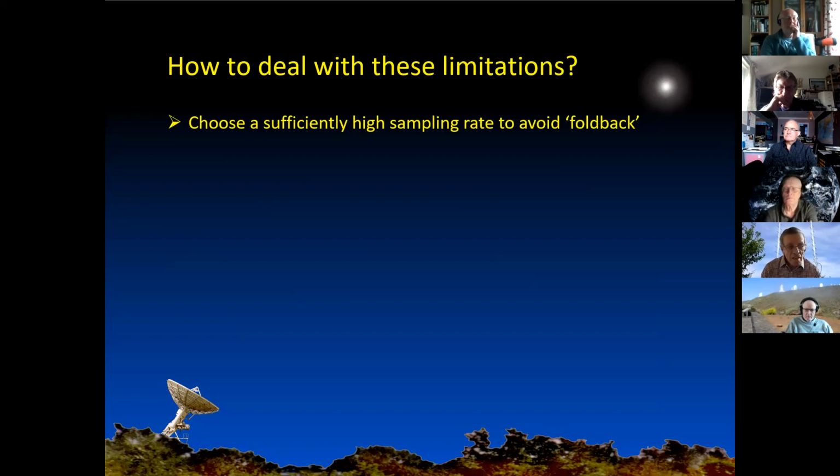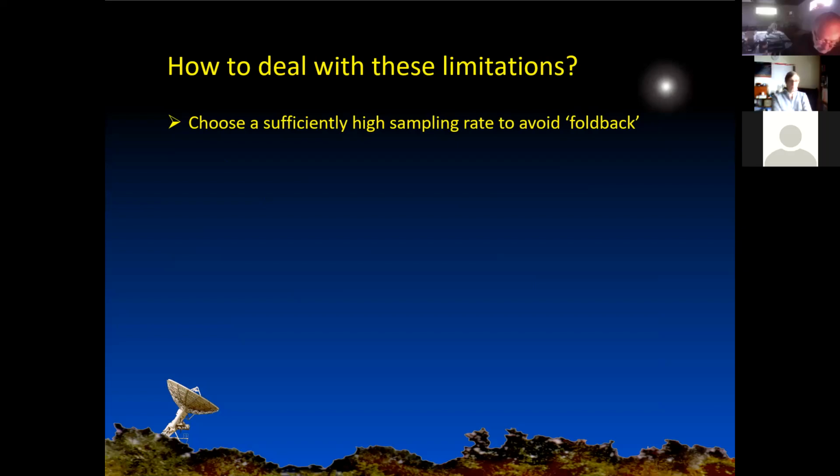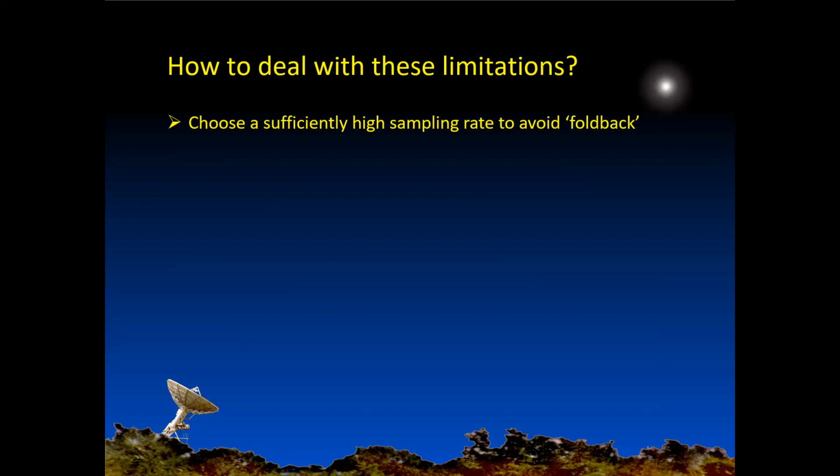Fallback is the name of what happens when you feed frequencies higher than twice the sampling rate into the algorithm. What happens is that the higher frequencies are folded back into the output of the FFT, so causing problems.